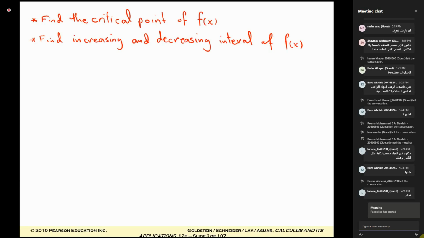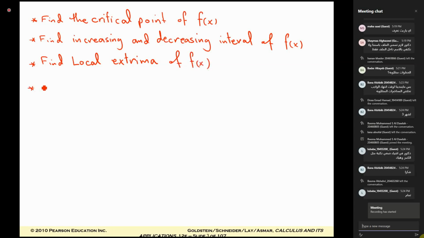After finishing this chapter, we can find the local extrema. Local extrema means local maximum or local minimum, of f of x also.